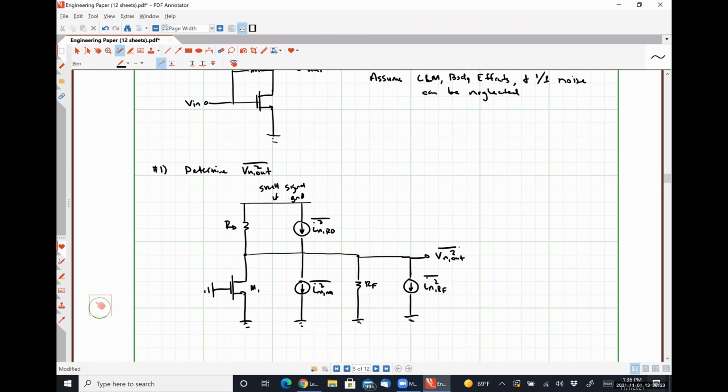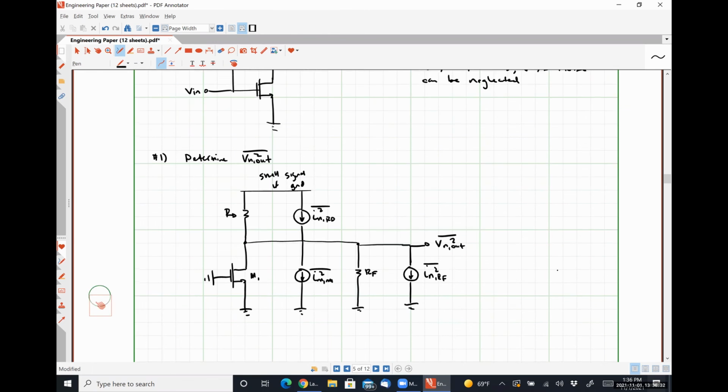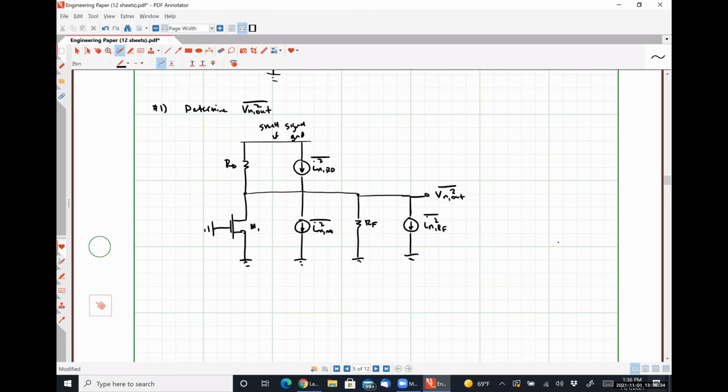Everybody okay with this representation of our circuit? Anything that makes sense? All right. So since all of our noises are uncorrelated, we can lump them all together because they are all just current sources between the drain and small signal ground.